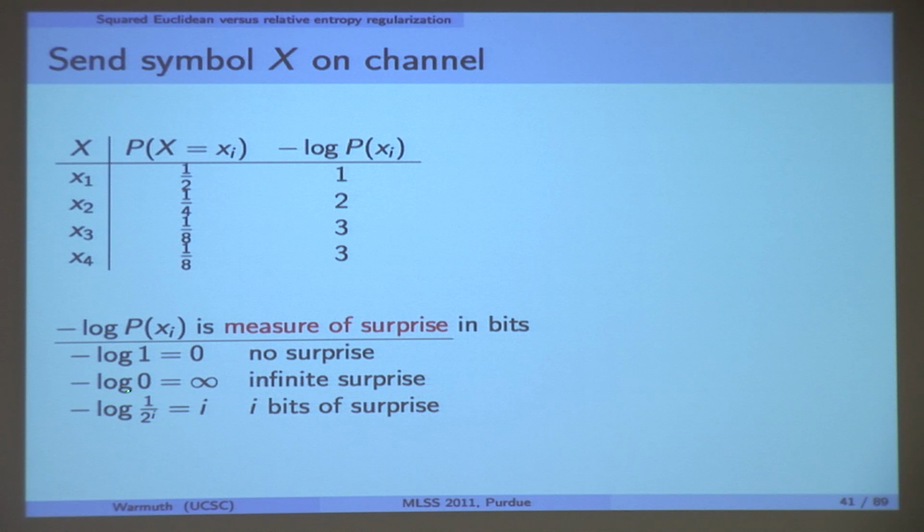On the other hand, if your probability is 0, then minus log of 0 is infinity. You're totally surprised when you see that outcome. So that's the measure of surprise. If it's 1 over 2 to the i, you have i bits of surprise. That's your notion of surprise. Now I'm going to get you to entropy from that. Entropy.